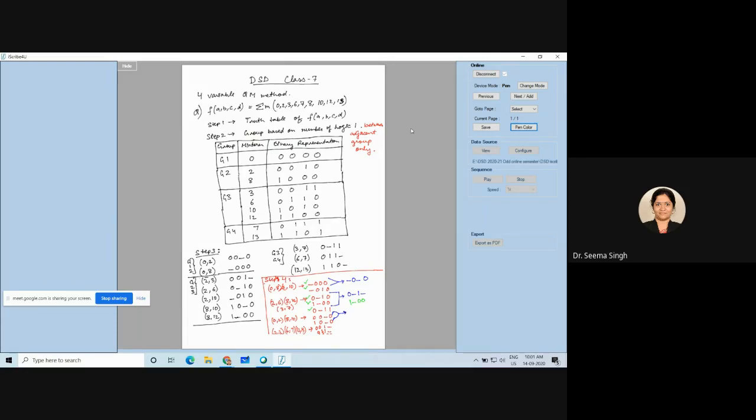It happens like that. So 0 to 8, 10 will give me again dash 0 dash 0. The first one and this one are the same. Anyway, one is redundant. We will leave it.